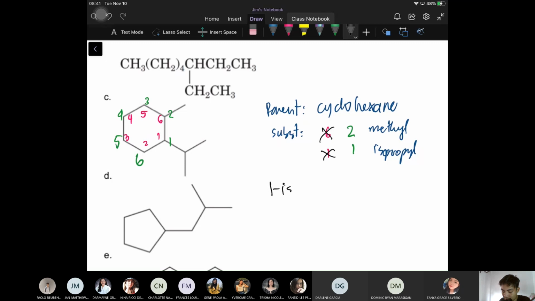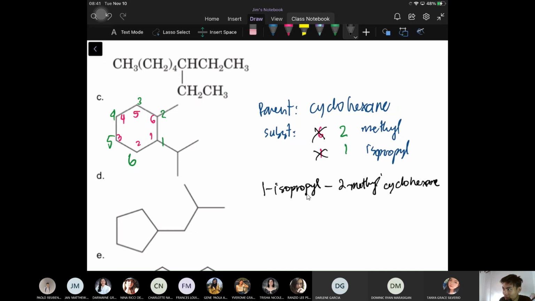That will be 1 isopropyl, 2 methyl, cyclohexane. So, 1-isopropyl-2-methylcyclohexane. So, that's its name.